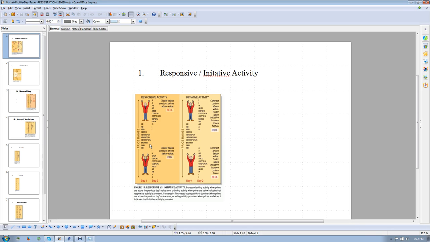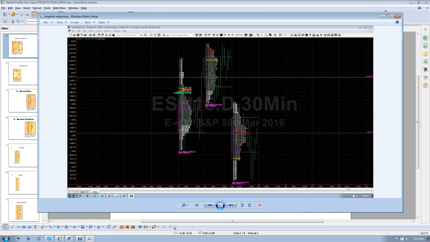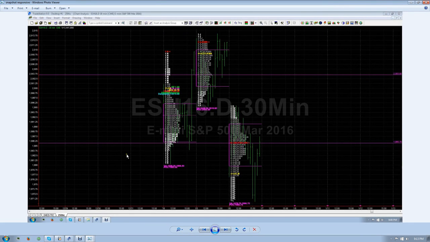So those are two examples of responsive activity. And if I can, I'd like to show you in a real chart, responsive activity.